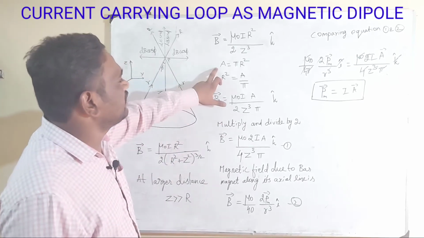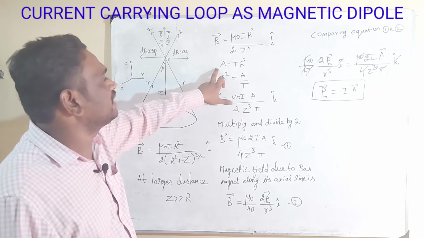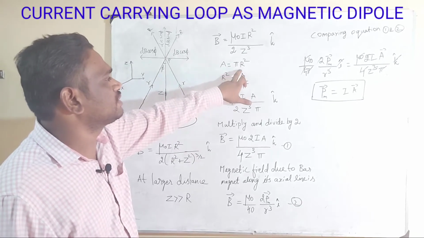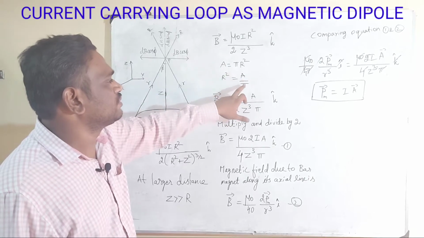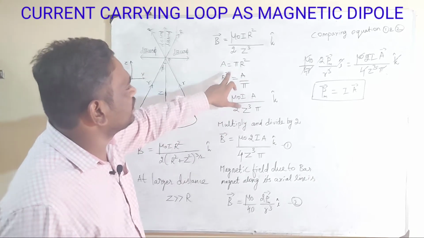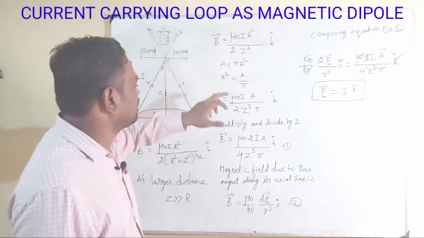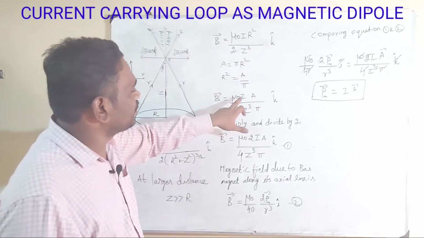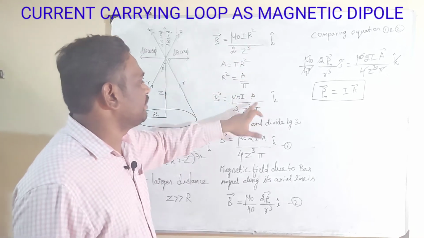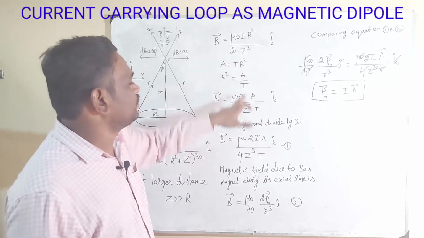Here the area of the circular coil is equal to pi r square. From this we can write r square is equal to A by pi. Now substitute the value of r square in B vector, that is B vector is equal to mu naught I, instead of r square, A by pi, divided by 2 Z cube.